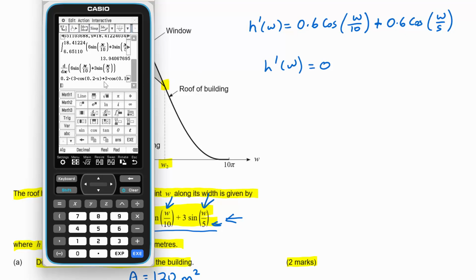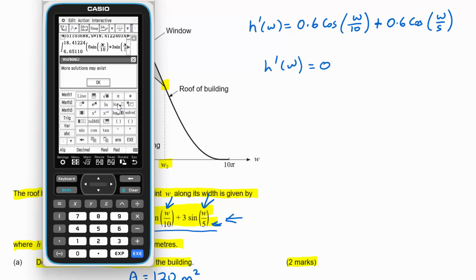And then we want to solve that equal to 0. So let's grab a solve, copy all of that, and put it equal to 0. We could give a specified domain, 0 to 10 pi, but we don't need to.